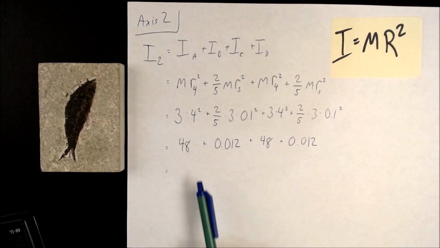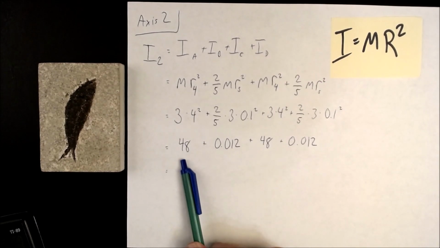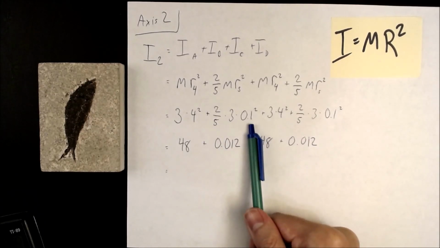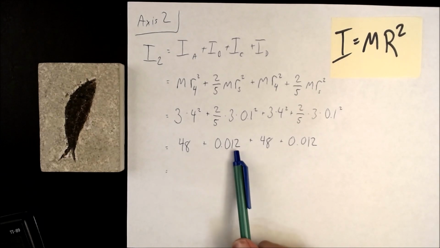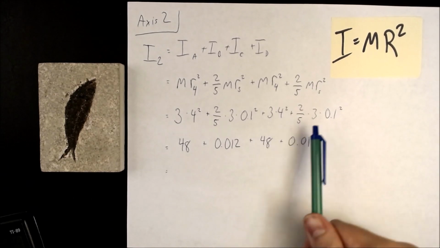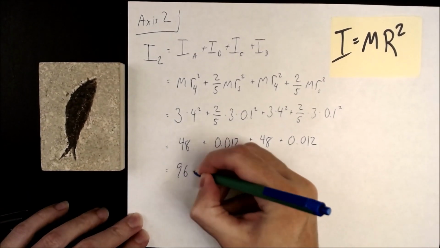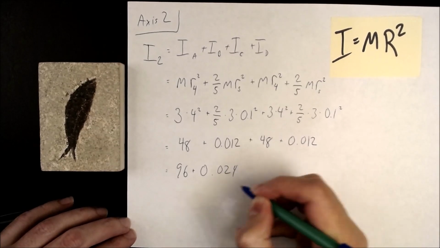Skipping ahead to the math, we've got 4 squared is 16 times 3 gets you 48. 2/5 is 0.4 times 3 times 0.1 squared is going to give you 0.012. 48 and 0.012, you take those, you get 96 plus 0.024.